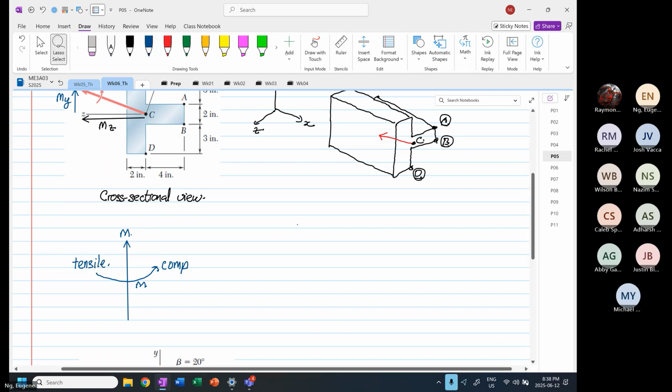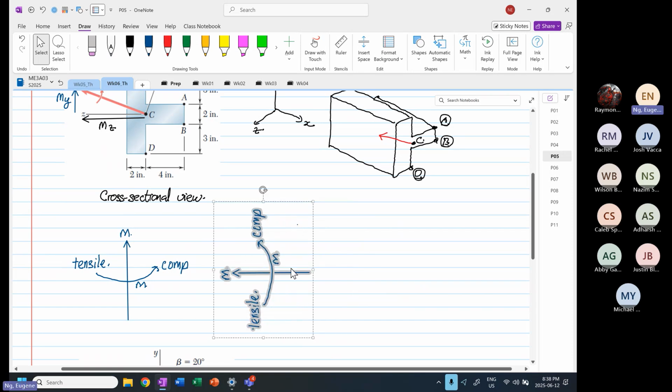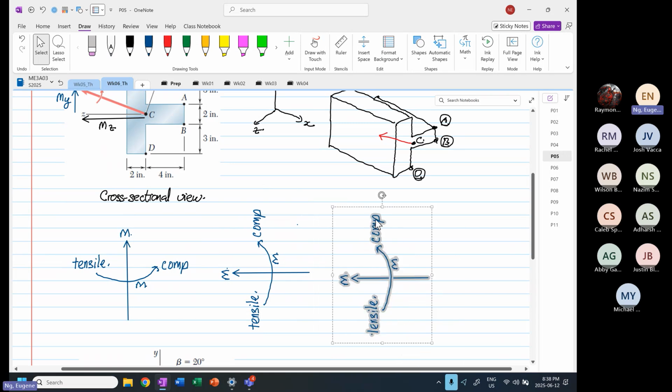In an exam or test, I strongly advise you to draw this, and then all you need to do is rotate or turn your page towards the right like this, and then you take your page again and rotate.